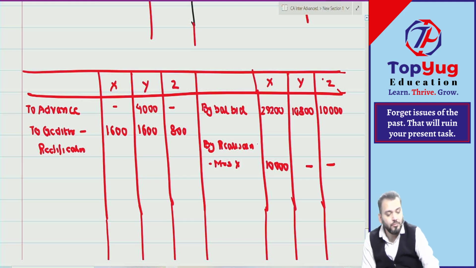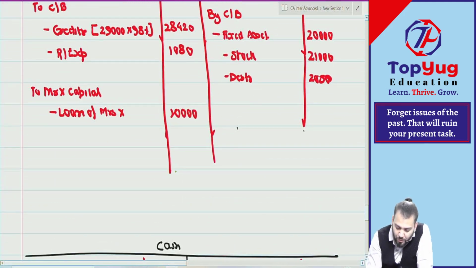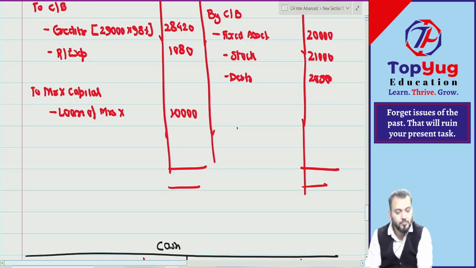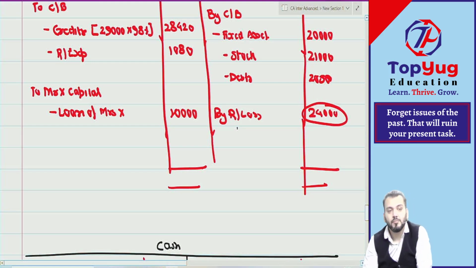Close the realization account. Can you give me profit or loss? How much? So by realization loss, 24,000. This will be allocated to whom?